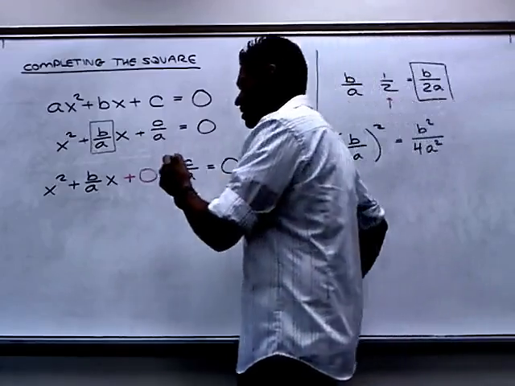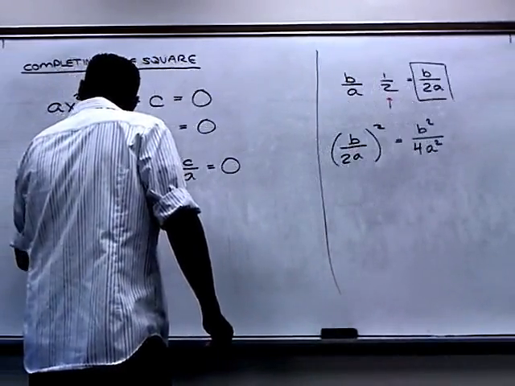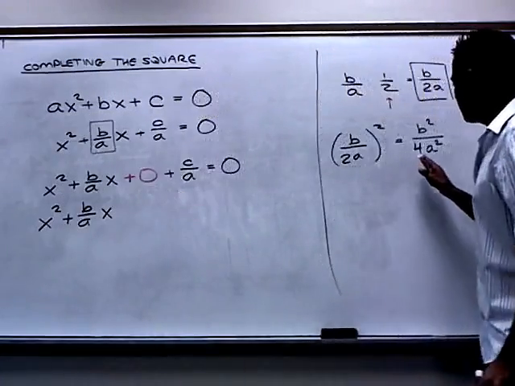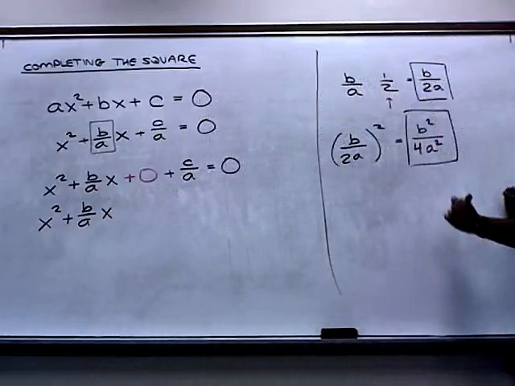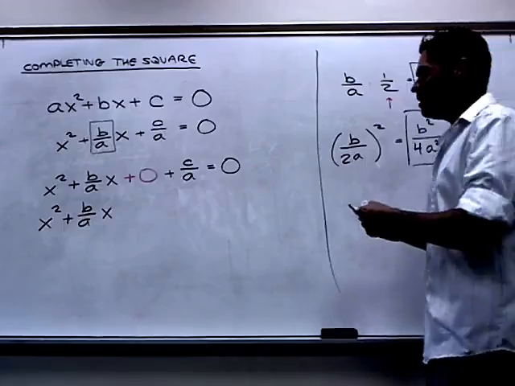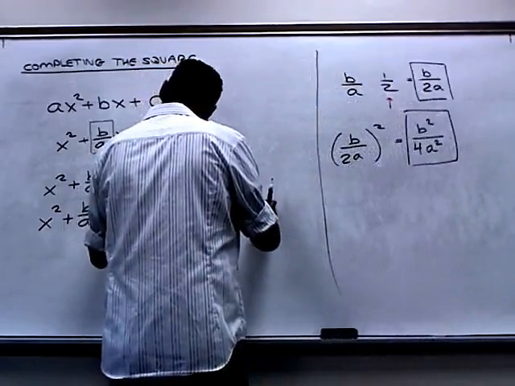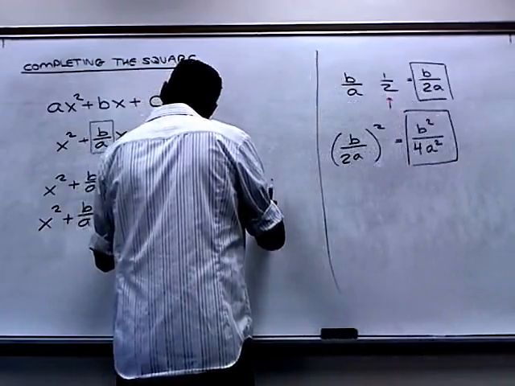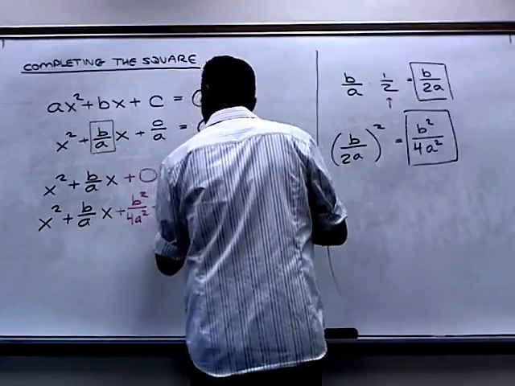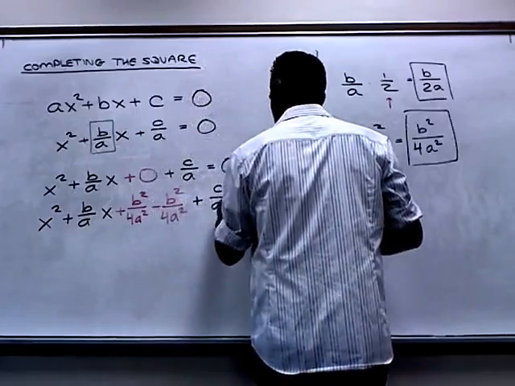Okay, here's the really kind of crazy part. If I take that 0 in there, and instead of it being 0 like this, I take this number right here. That's just a number, right? B squared over 4A squared. I don't know what it is, but it's just a number. I'm actually going to add that, add B squared over 4A squared and subtract B squared over 4A squared, and then put plus C over A equals 0.